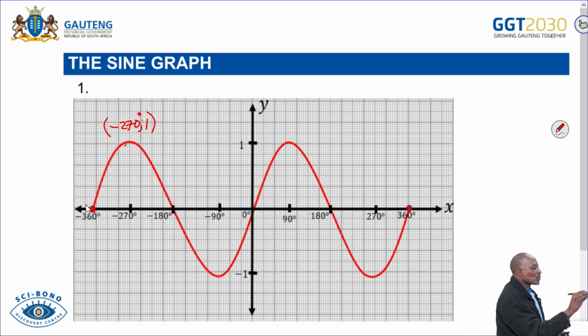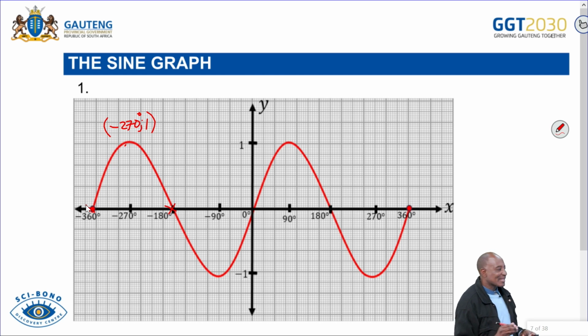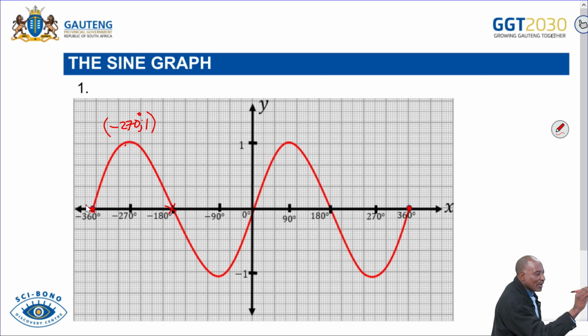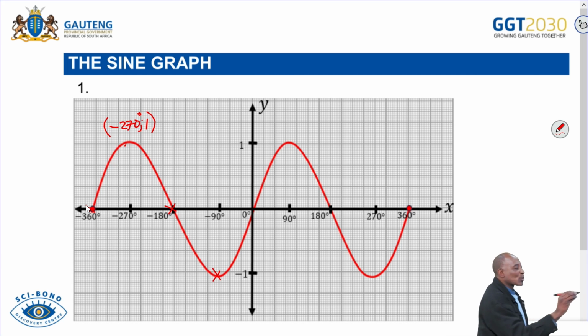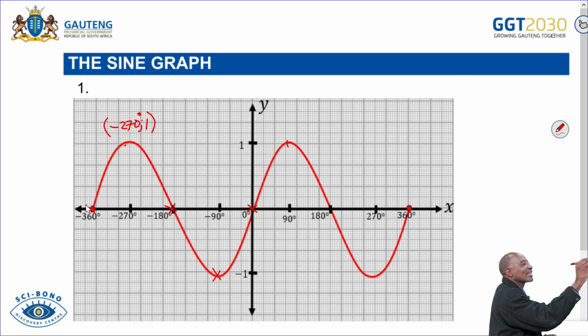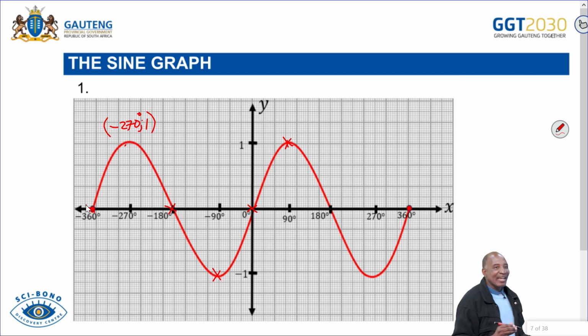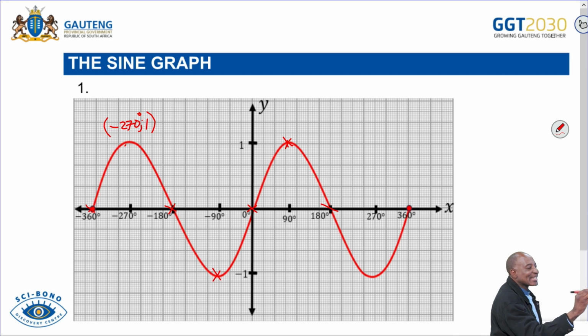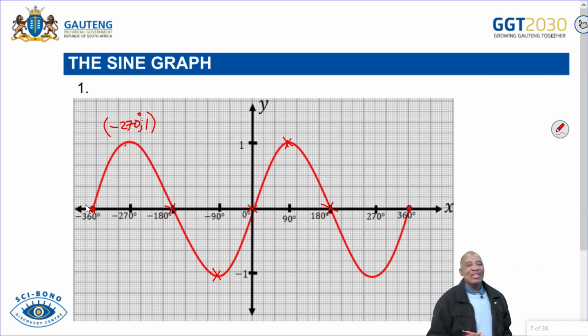Then we come to negative 180 and 0. You are plotting those points. You go to negative 90 versus negative 1 down there. You go to 0, 0, then you cross to the positive side of the x-axis. 90 degrees goes with a 1, that is your point up there, and then your 180 degrees, you are basically following those values that you are seeing on your calculator.